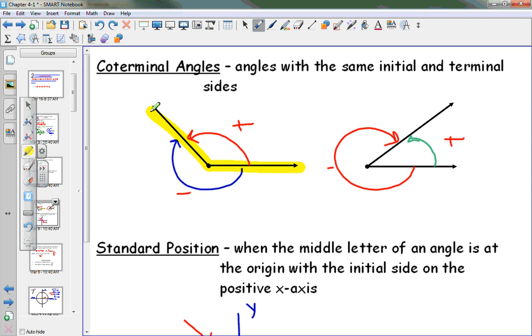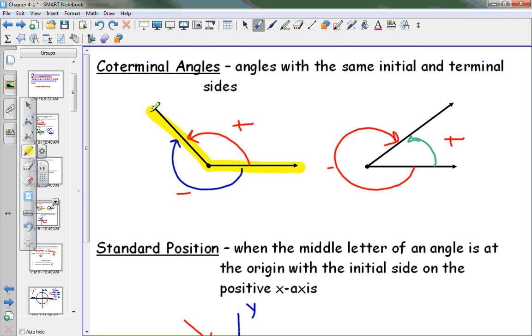However, I have the red positive directed angle, which means it has the initial side at the bottom and the terminating side here on the left. And then I have the negative angle that's opening up the bigger obtuse angle. What's obtuse? Bigger than 90. Do you understand that? I have the obtuse angle that's going to be opening clockwise. That gives you the negative angle. Do you understand that? Yes or no?